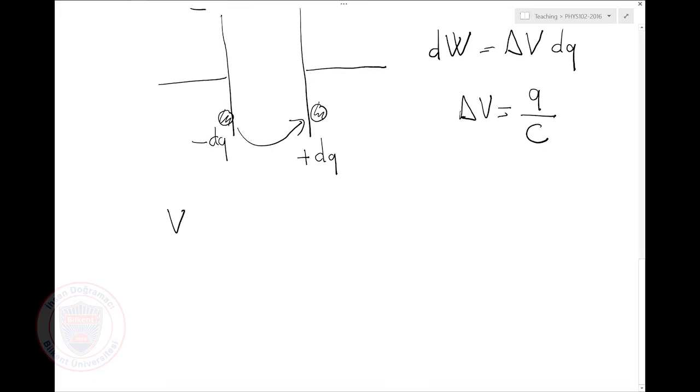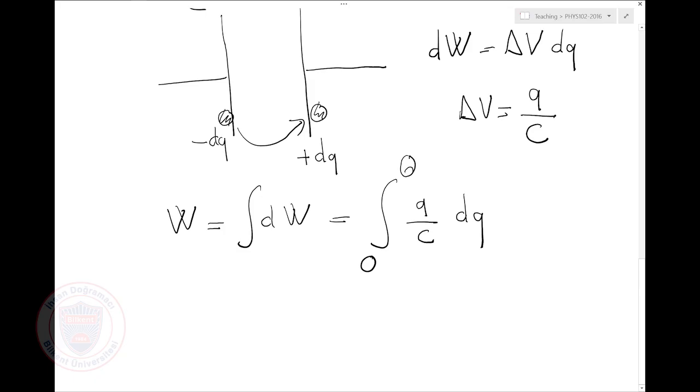So what's the total work done? It's the integral of Q over C dq. What I want to find out is, if I start from 0 and charge my capacitor all the way to Q, how much work do I need to do?